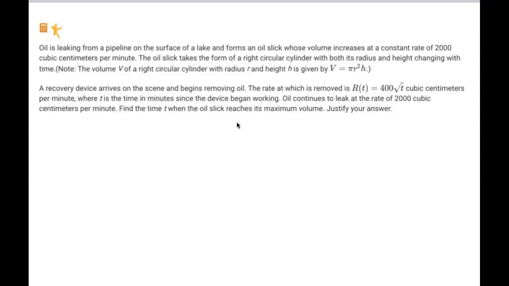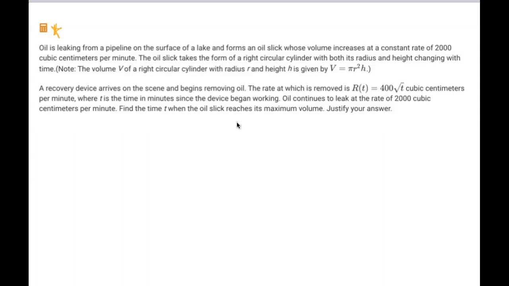The rate at which it is removed is R of T equals 4,000 root T cubic centimeters per minute, where T is the time in minutes since the device began working. Oil continues to leak at the rate of 2,000 cubic centimeters per minute. Find the time T when the oil slick reaches its maximum volume.